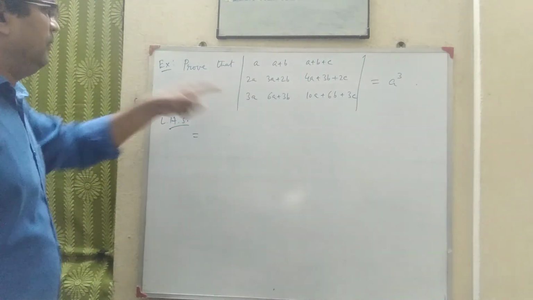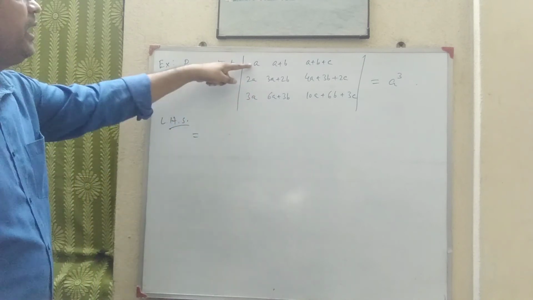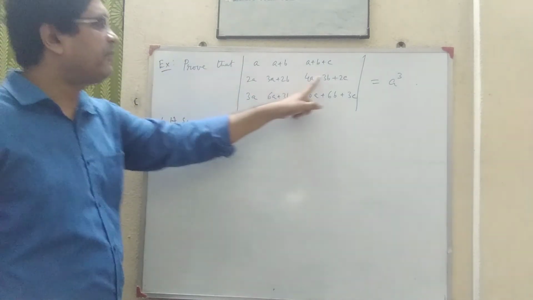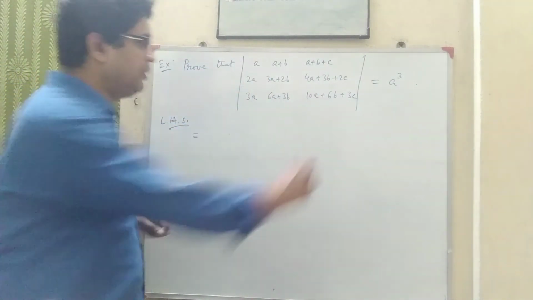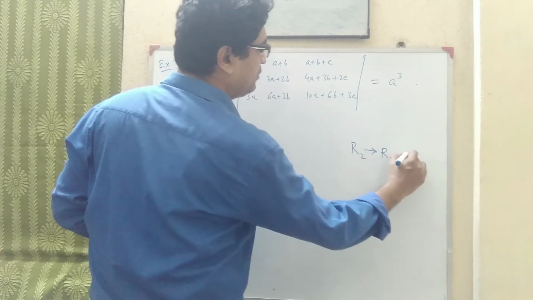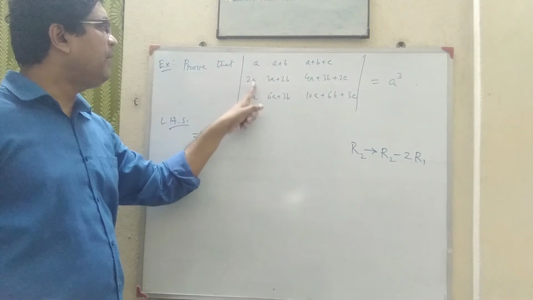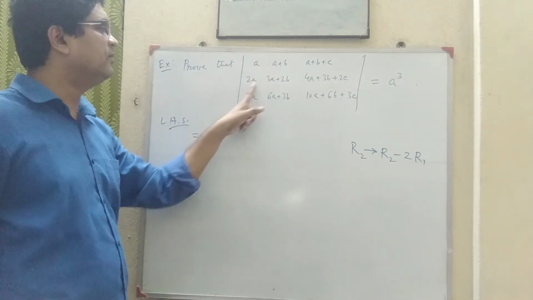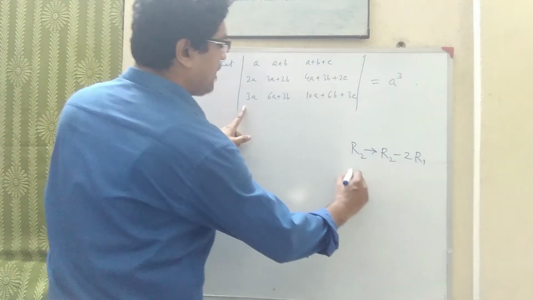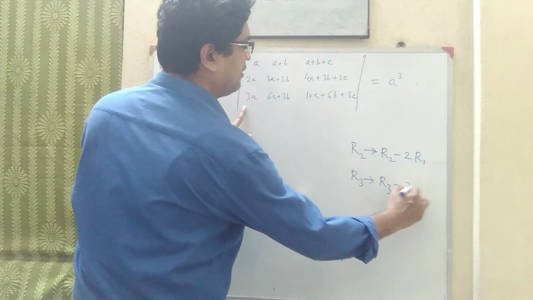You see that here it is a, here it is 2a. So if I do this operation, r2 changes to r2 minus 2r1. Why I am doing this? Because then 2a minus 2 into a will become 0. Similarly, if we want to make this element 0, then we have r3 minus 3r1.